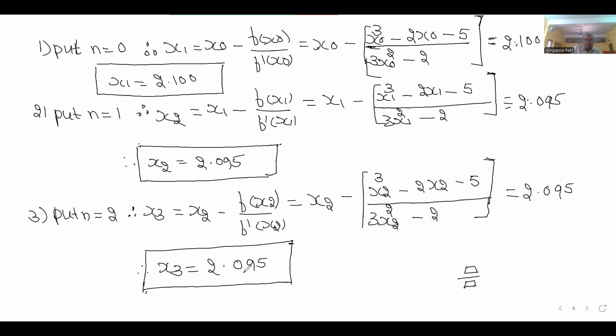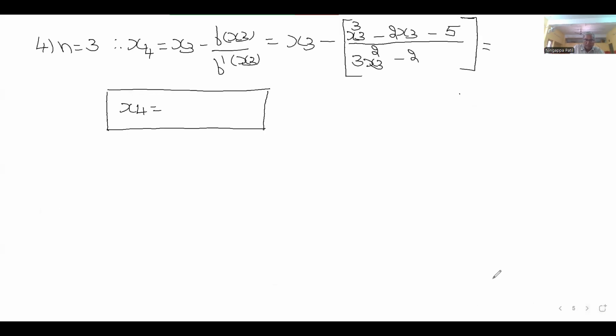These are equal, so it is not necessary to go for the next iteration. Therefore, this is also 2.095. It is not necessary to write it, but for your benefit, I am writing 2.095.